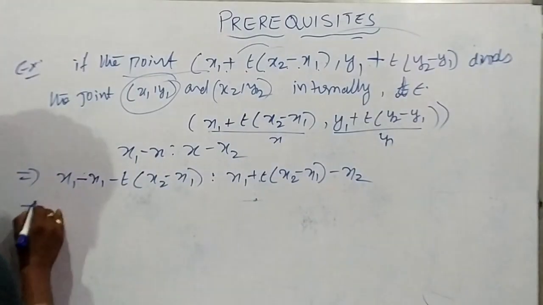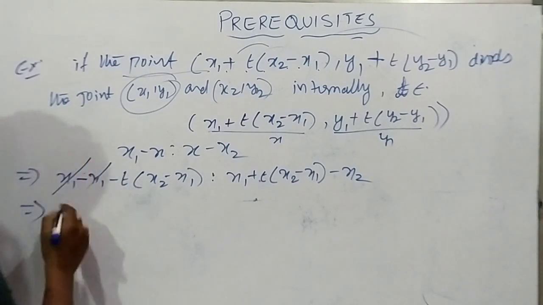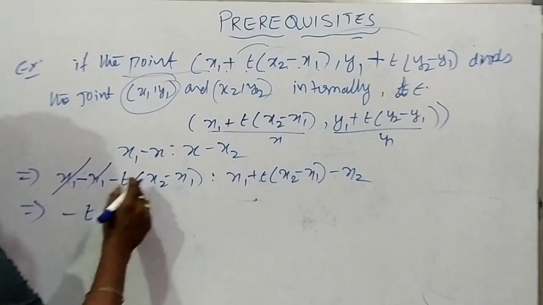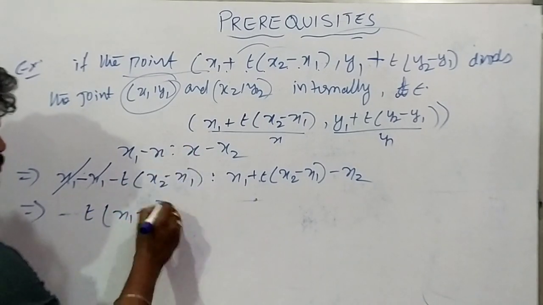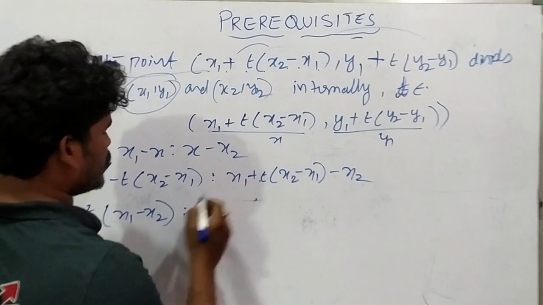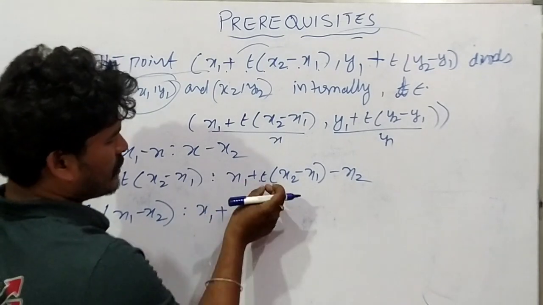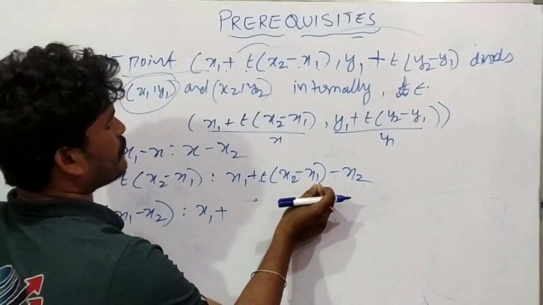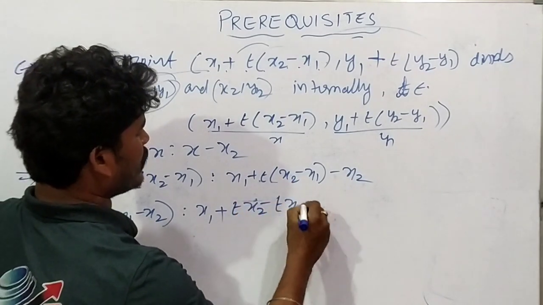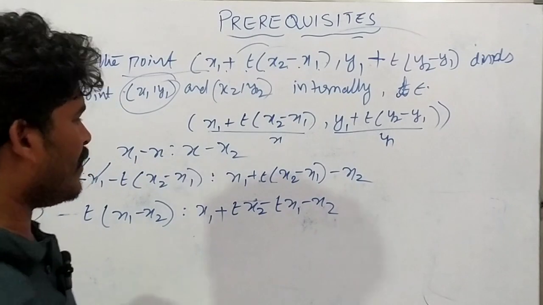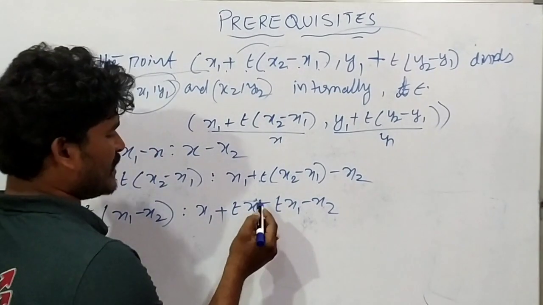Right. In the same way, here both x1 cancel, and we get minus t(x2 - x1) in the numerator, which is multiplied as t(x1 - x2). In the denominator it is x1 + tx2 - tx1 - x2.